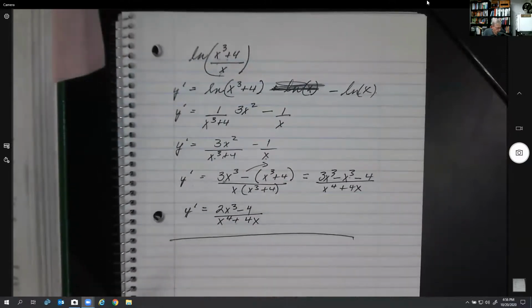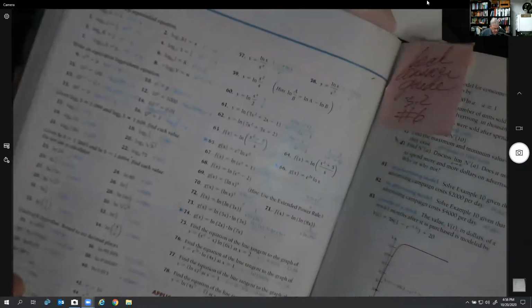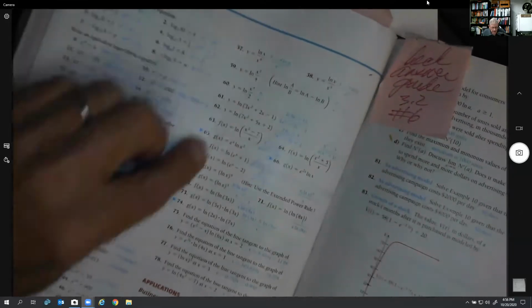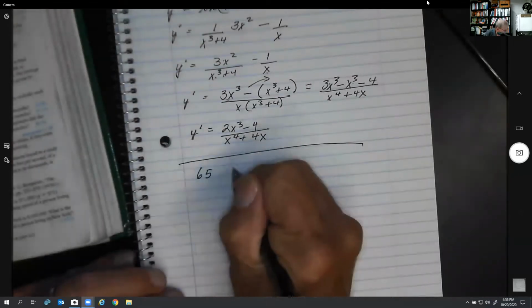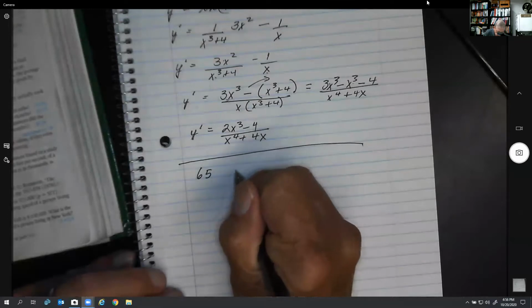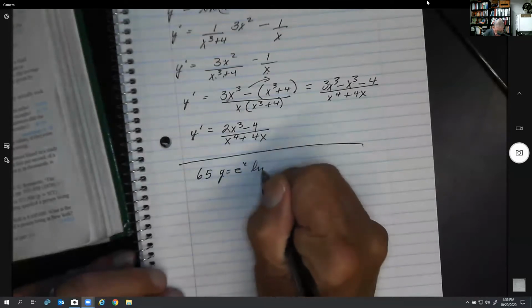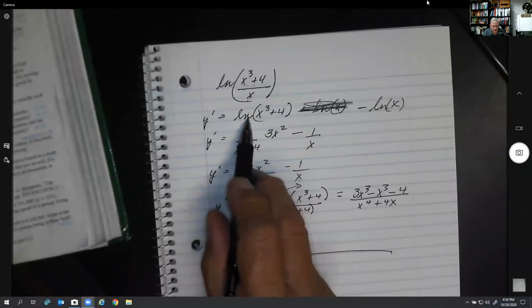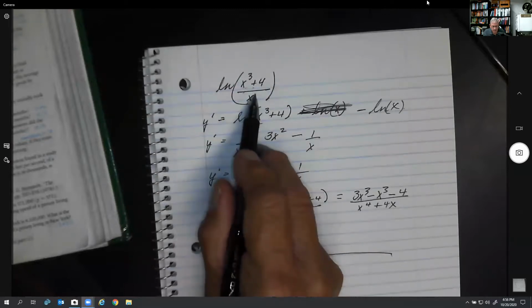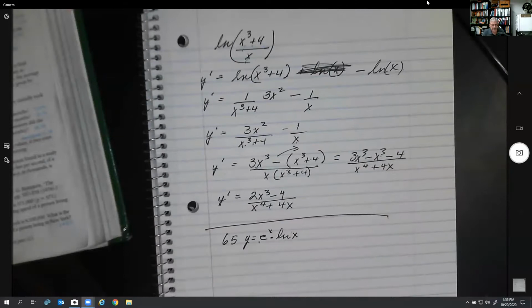Well, what I want you to mainly do, I'm not worried about all these logs on this page. I want you to work on the derivatives. That's what we're working on. And I'm looking at this problem number 65. e to the x ln x. Now, this we would use an ABBA. You notice on this one, this was inside of parentheses. This is outside. This is just e to the x times ln x.